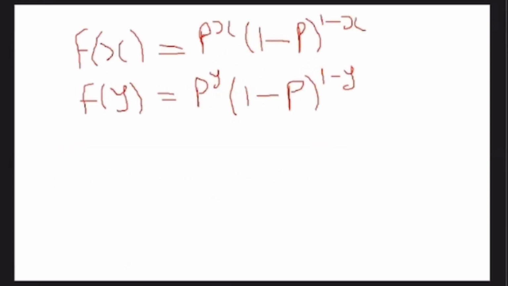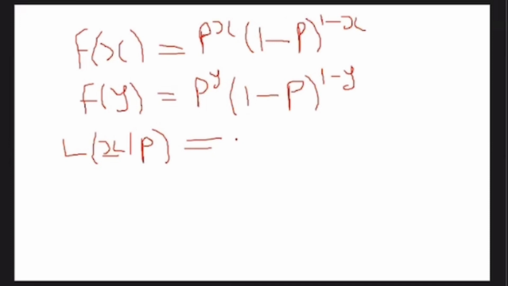Now, when you take a look at this, I want to get the likelihood. So the likelihood of x, don't forget, when I put a bar, I'm talking about x1, that's another way to write x1, x2 up to xn, given p, the parameter. I want to write the likelihood as the joint PMF.